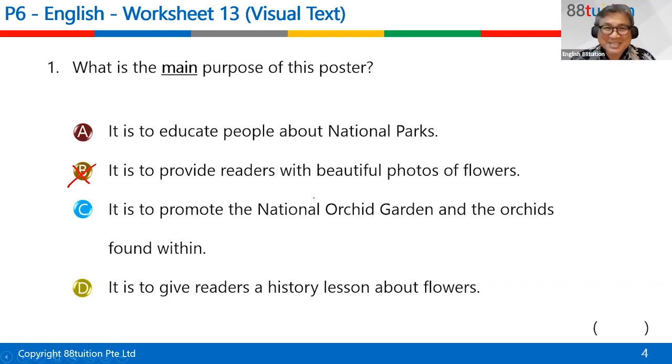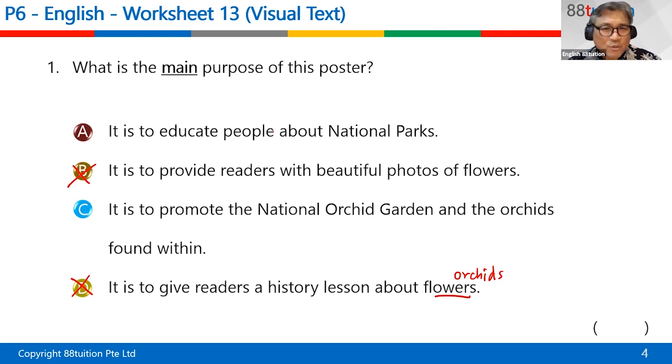Then what about the text? Okay, so definitely out. To give readers a history lesson about flowers? Definitely not. Firstly, it is not about flowers, but it's about orchids, right? And secondly, it is not about the history of orchids either, because there is a lot of information about the park, not just the flowers in the park.